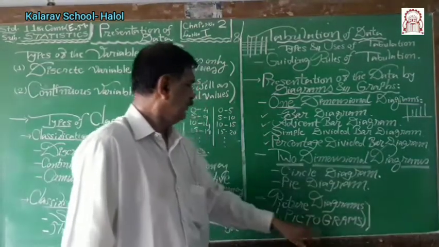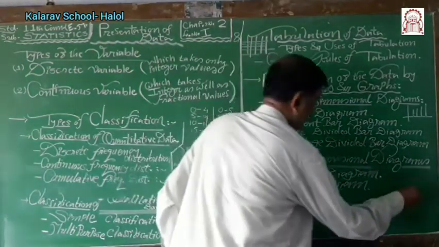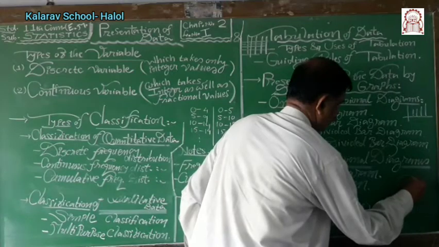Two-dimensional diagrams include the circle diagram and pie diagram.